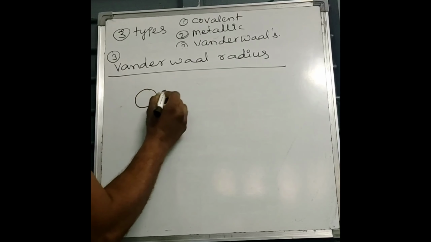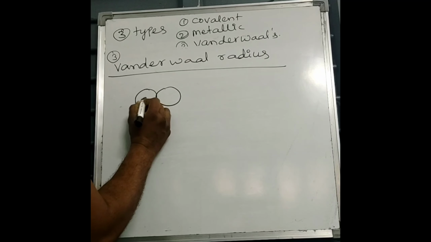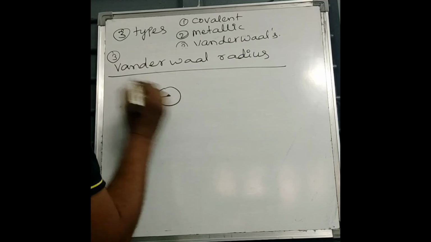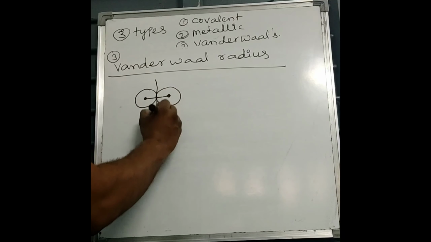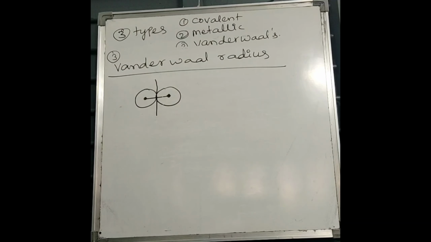Here also, two adjacent atoms are attracted by van der Waals forces. This is the internuclear distance of two atoms which are held by van der Waals forces in a molecule. Half of the internuclear distance of two nuclei of two adjacent atoms held by van der Waals forces, that is what van der Waals radius.